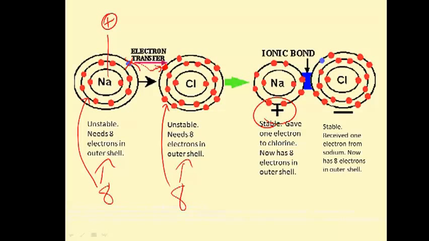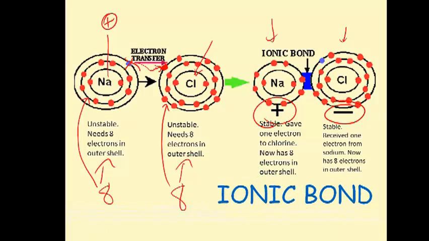Chlorine, on the other hand, is going to gain an extra negative charge. This means it's going to have one more negative charge than it has positive charges in its nucleus. This gives it a net negative charge. Both of these result in stable ions. And when a positive ion is near a negative ion, they actually attract each other and form what is called an ionic bond.